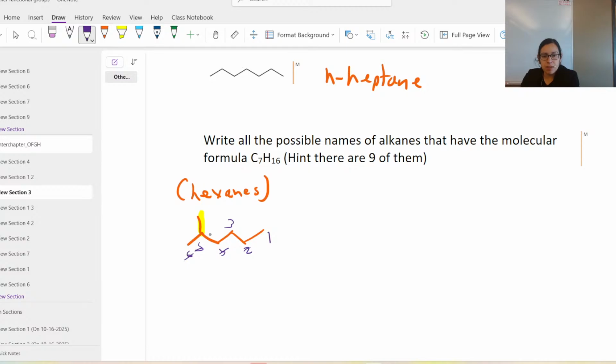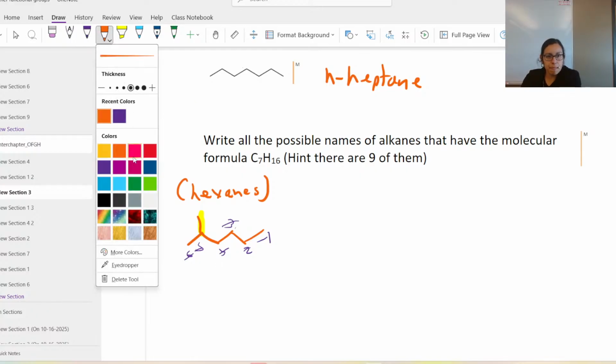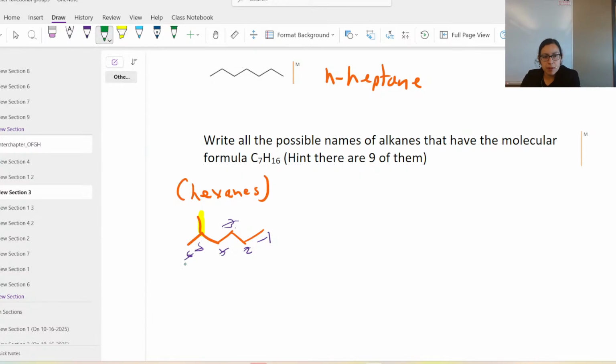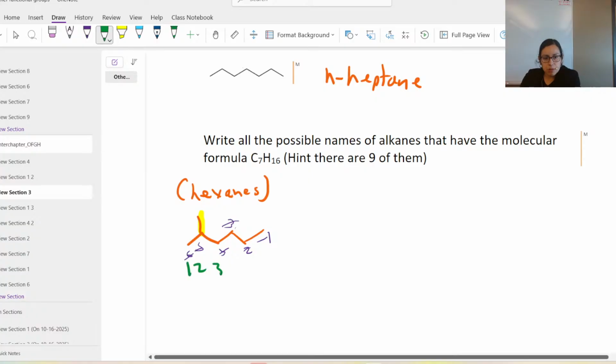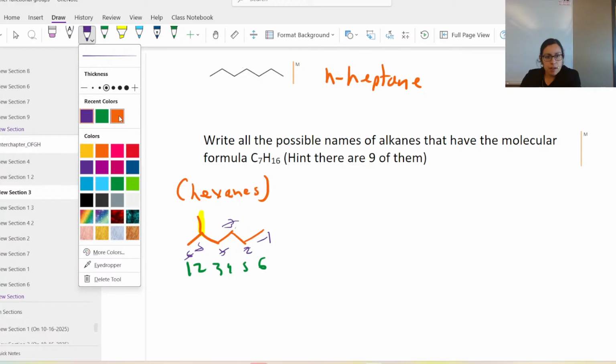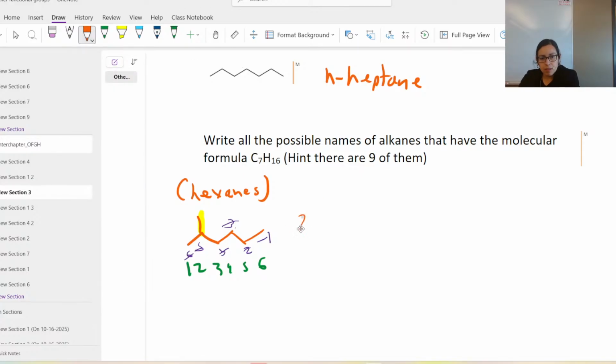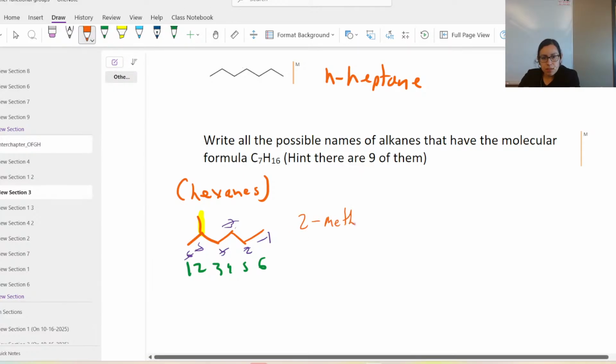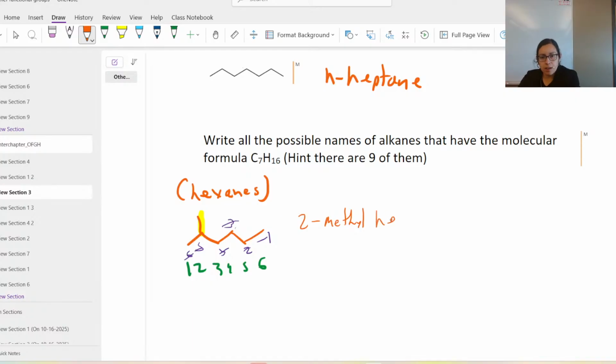We want to give our group the lowest number, so we should label it from the other end. So then our proper IUPAC name is 2-methyl, for our position, then our group, and now hexane.